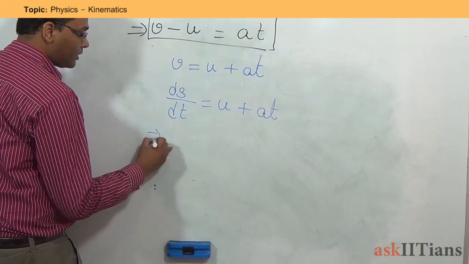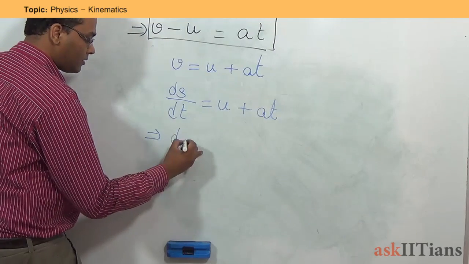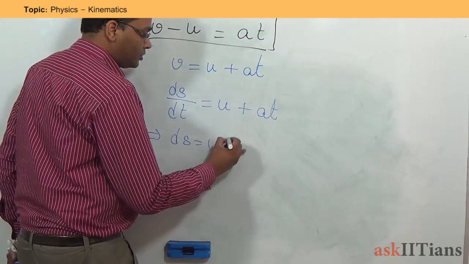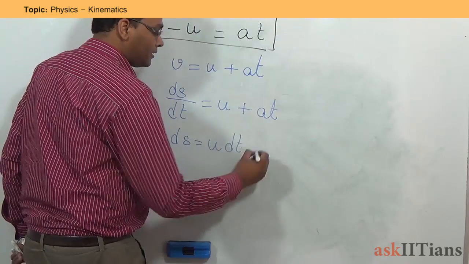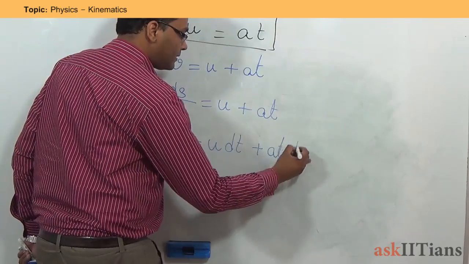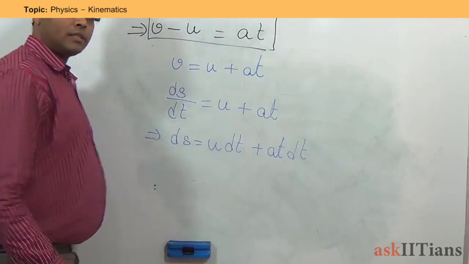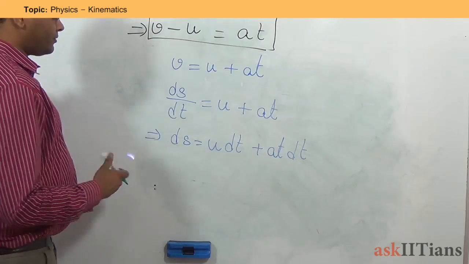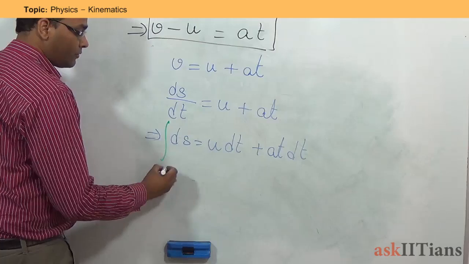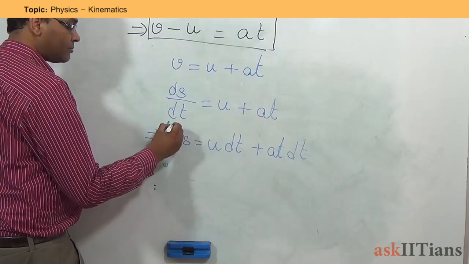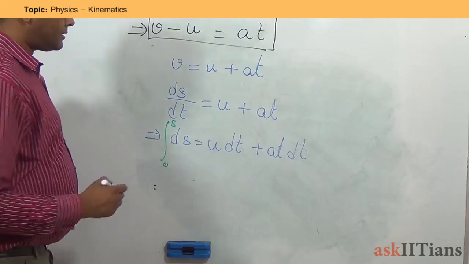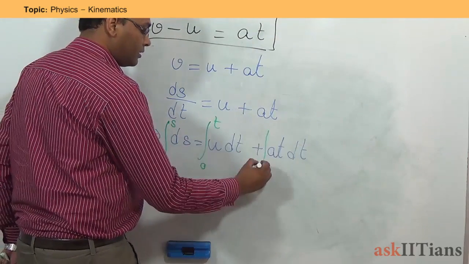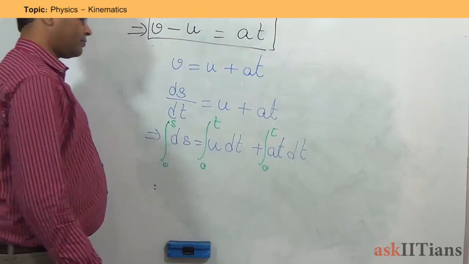If I do a cross multiplication by dt, I can say ds becomes u dt plus at dt. Again, if I have to integrate this, I start off with 0 displacement, final displacement is s. Here we say from 0 to t, again 0 to t.